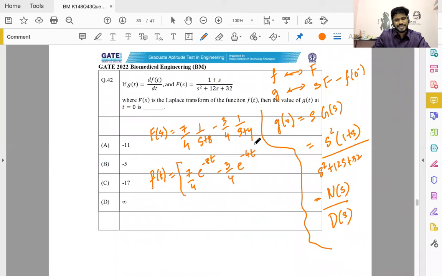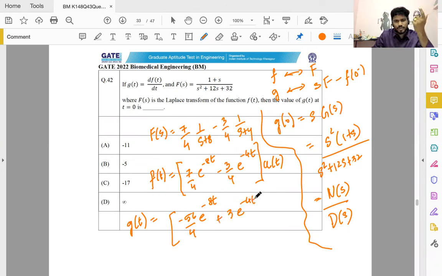To be slightly picky here, you have a u of t. Okay, so your g of t is the derivative of this that you could do: minus 56 by 4 e power minus 8t, 8 times 7, and then you have plus 4. I think the things cancel. This is 3 times e power minus 4t u of t.